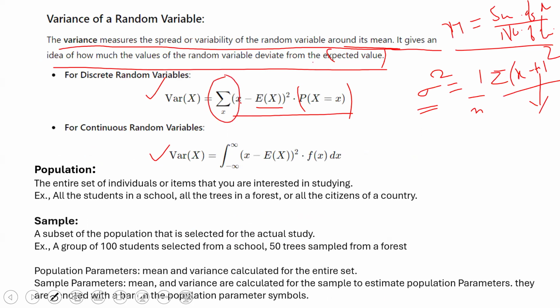Discrete will be summation, continuous will be integration, because integration gives the area under the curve. For a continuous random variable it would be a continuous graph, whereas for a discrete variable it would be a discrete graph. So for discrete we do summation, and for continuous we do integration to get the area under the curve. That is the variance of the random variables. Clear?